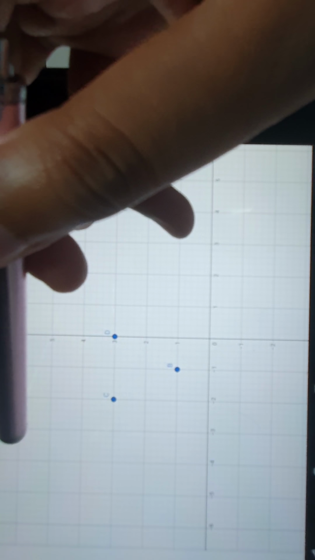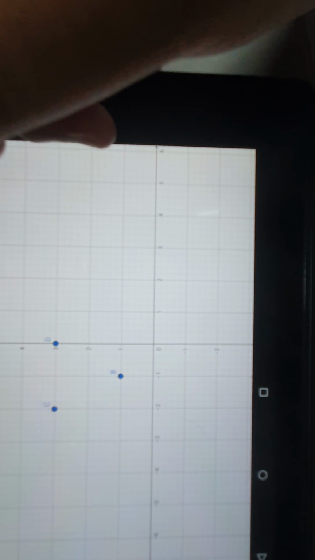Okay, so what I did here was to put my points on my graph paper. So let's just recap it. The first one is negative 3, going to 6. So negative 3, 6.